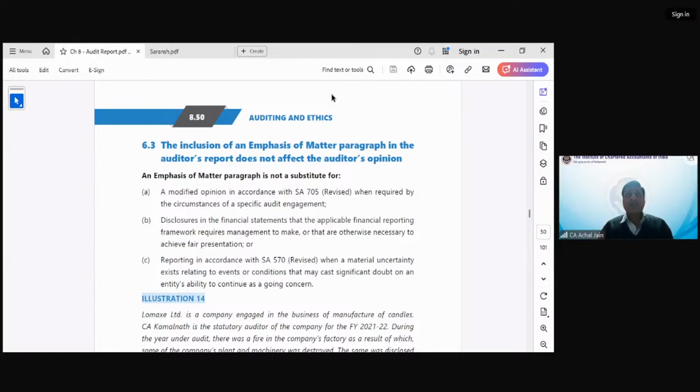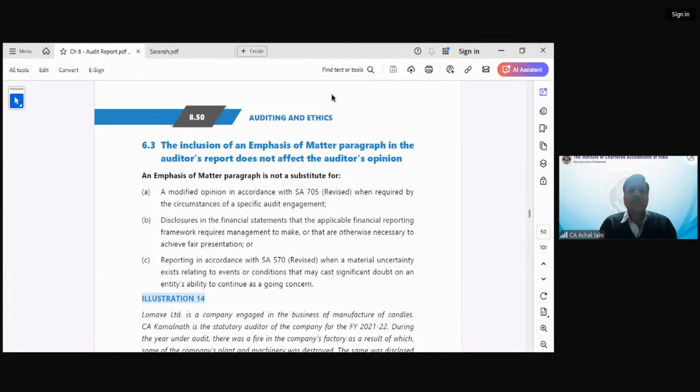Now let's suppose we have been discussing, and at the end we have reached a conclusion that I want to include an EOM or give a modification, and you as CFO are fine. But you want this to be highlighted to the management, to the board. So you will reach out to the board and tell them what has been going on in the audit. You'll keep them informed.